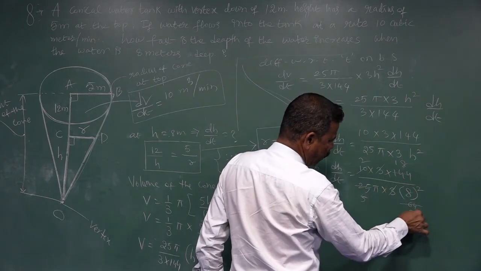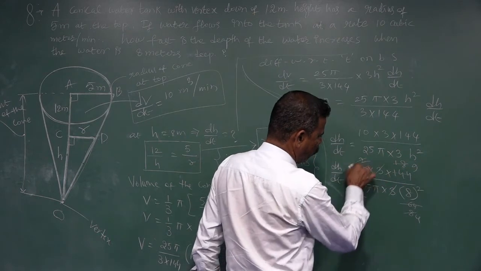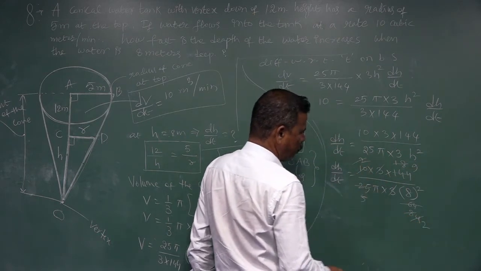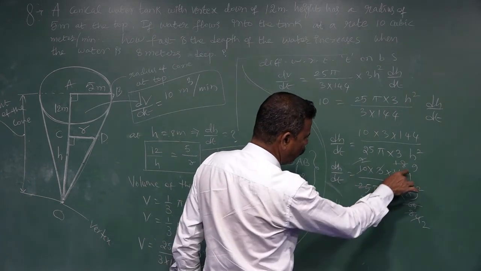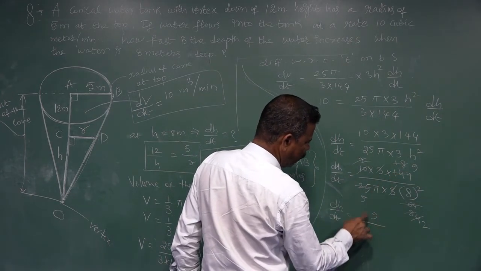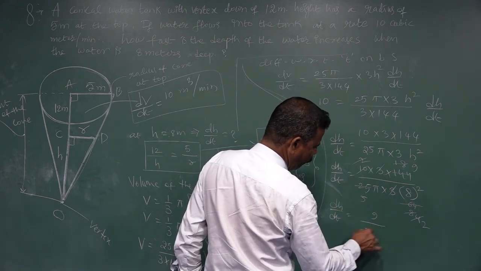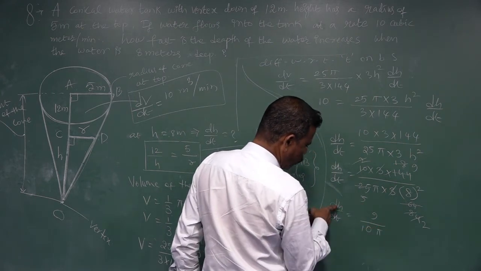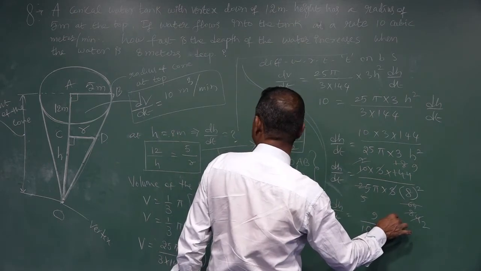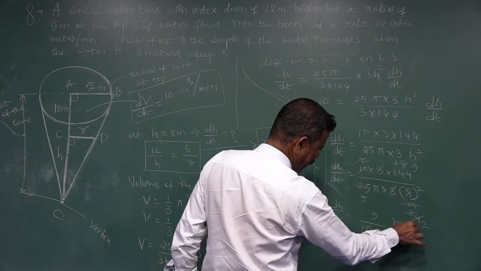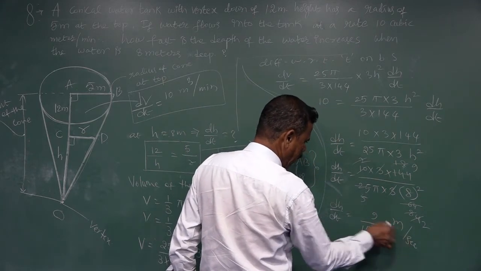Next this is cancelled: 2 fours, 2 nines, 2 twos. So the remaining dh by dt is equal to 9 by 10 pi meters per second.